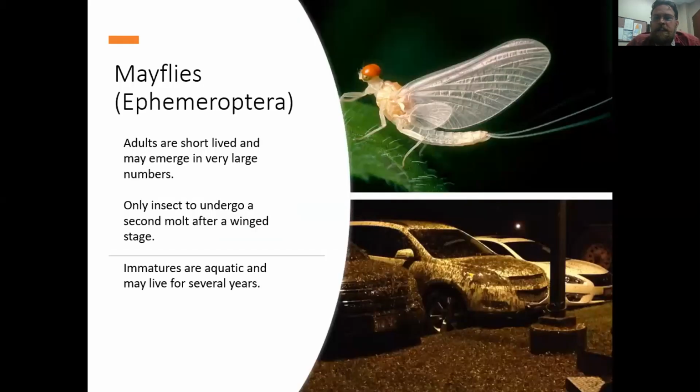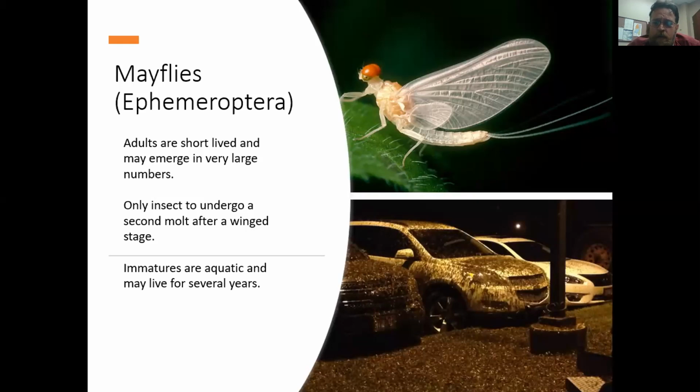A really interesting group of insects are the mayflies. The name for their group is Ephemeroptera. Whenever you see that, of course, the ptera part of that means winged, and the first part of that, ephemeral, is kind of a reference to the fact that the adults don't last very long. They take flights.